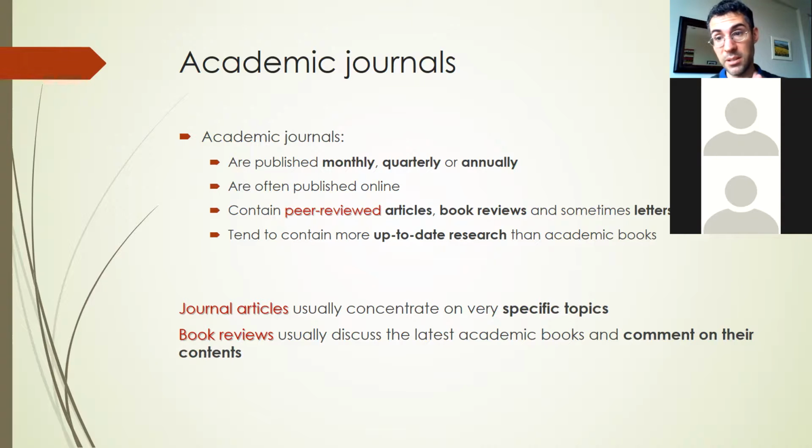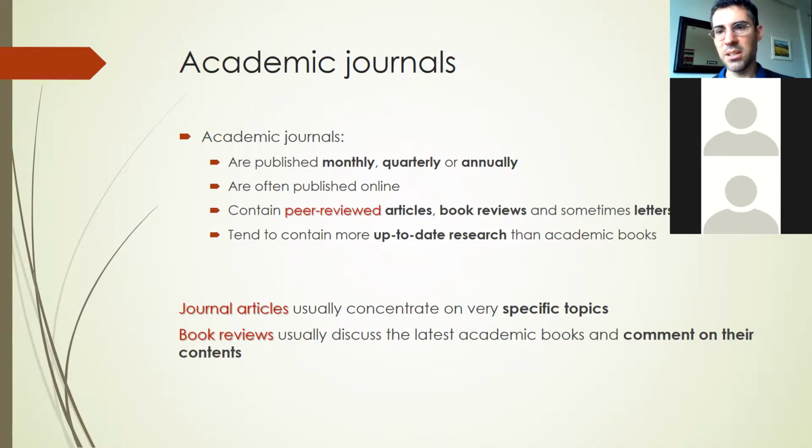So while a book is on a specialized topic, a journal article is looking at an even narrower and much smaller specialized topic. And we are going to be looking at a journal article in this semester, so you'll see how that works. The journals tend to contain very up-to-date research. And that is because the process of having a journal article published is much shorter than having a book published.